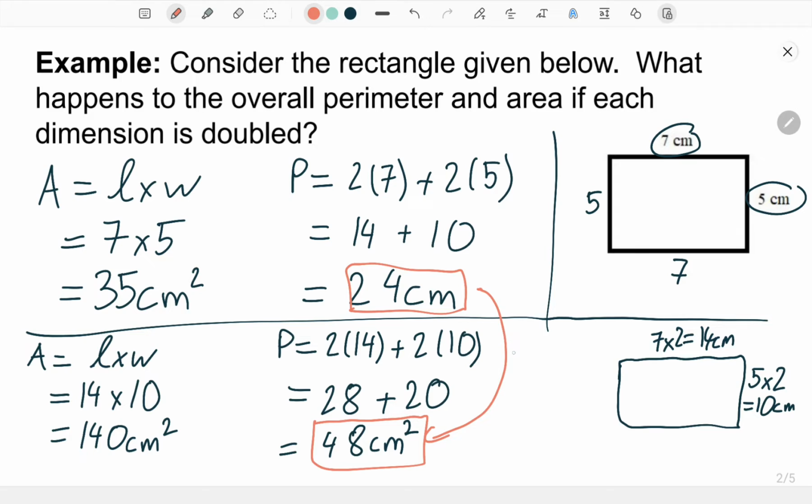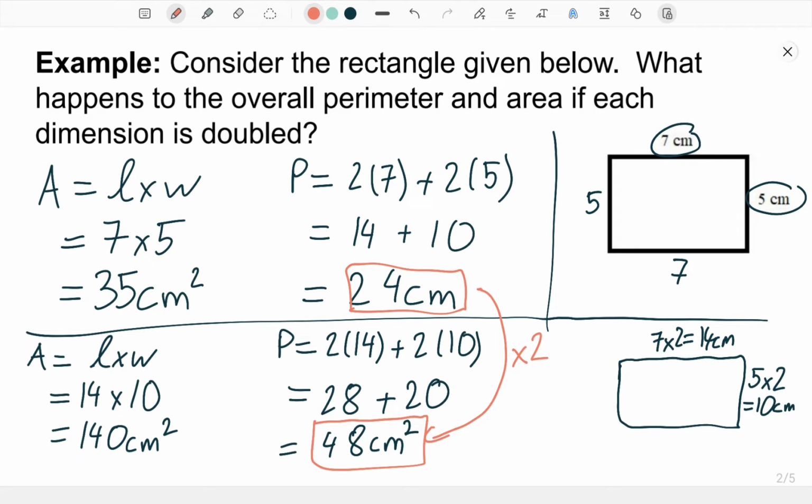And in this case, what we can see is from the original perimeter to the new perimeter, if you double the dimensions, you double the perimeter, which makes sense because each side length is just doubling. So the overall total of those side lengths should double.